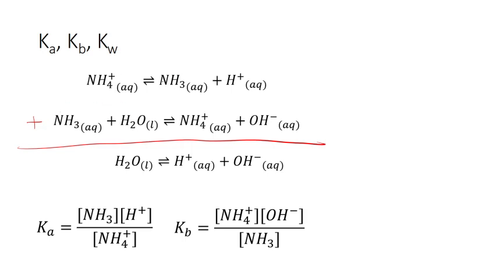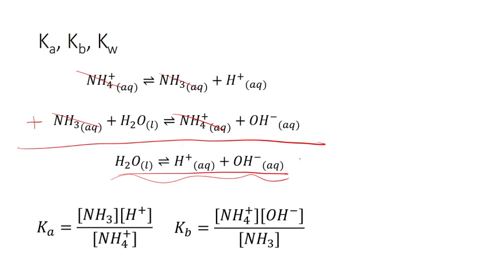We cross things out on either side of the equal sign, or in this case, arrow. We can cross out NH4 and NH4, since those appear on both sides. NH3 and H3 appear on both sides. And we are left with an equation that should look familiar. This is the equation for the autoionization of water right here.